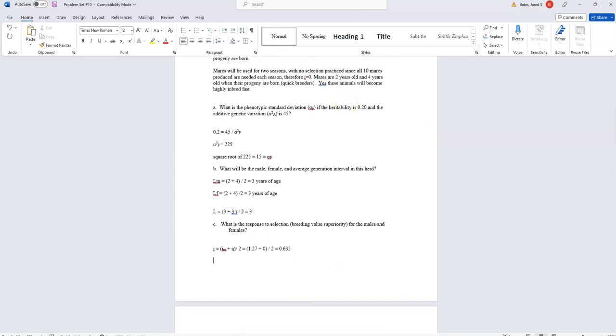So my response to selection is just R equals I times my heritability times sigma p, my phenotypic standard deviation.